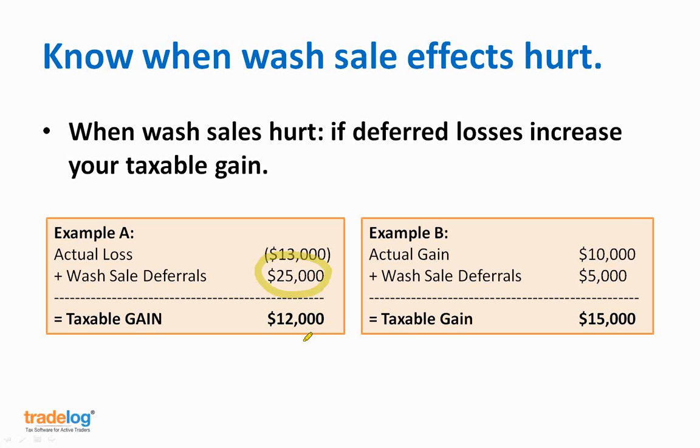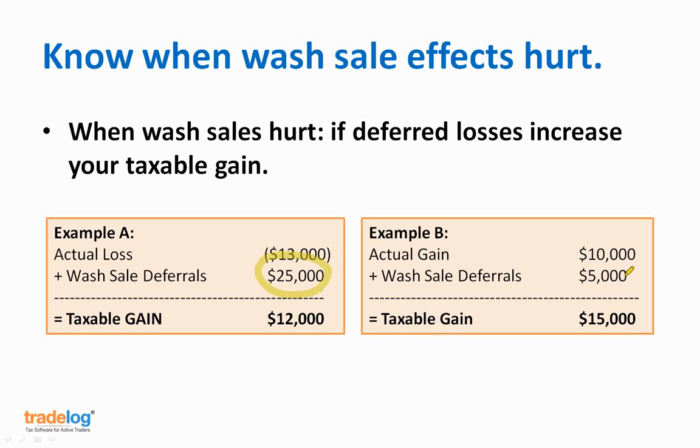Example B is another situation where, let's say you did well this year, you have an actual gain of $10,000, but because you have some wash sales, you are deferring $5,000 of losses. Maybe you had a certain security that you were trading that was hitting you really hard.